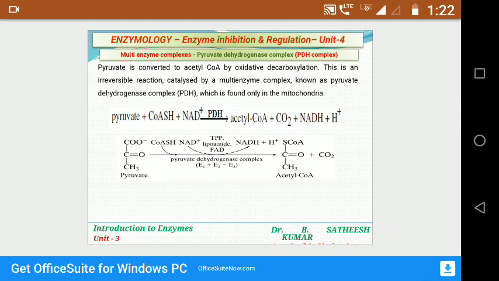It is not a single step. In fact, it involves three enzymatic reactions and five different coenzymes. Five different coenzymes and three different enzymatic activities are required in this reaction. Therefore, it is a multi-enzyme complex with three different enzymatic activities.